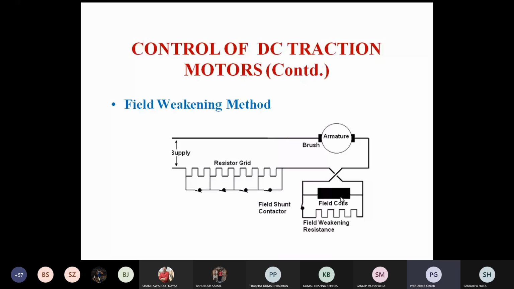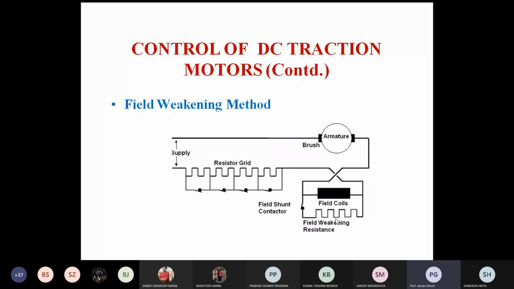You have to maintain the critical flux. A parallel resistance is connected with the field coil, and a changeover switch is also there. If you open all those lines, all the current will pass through this path, so there will be no current in the field coil and the total flux will be zero. It should not be like that. So you have to control moderately as per your requirement. That is known as the field weakening method.